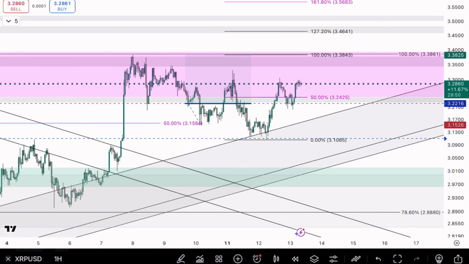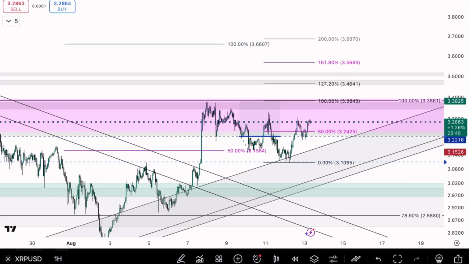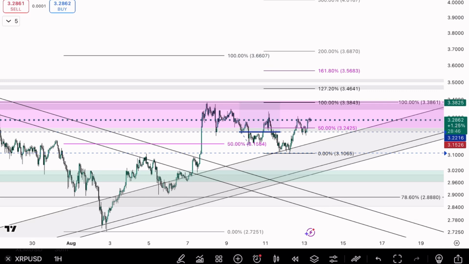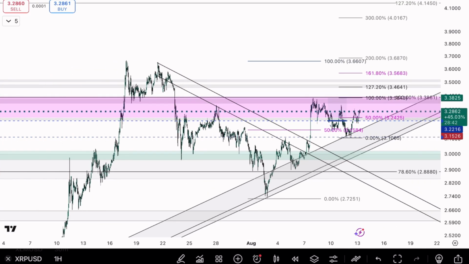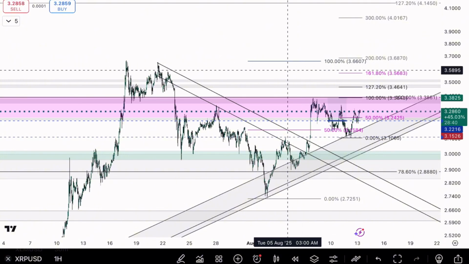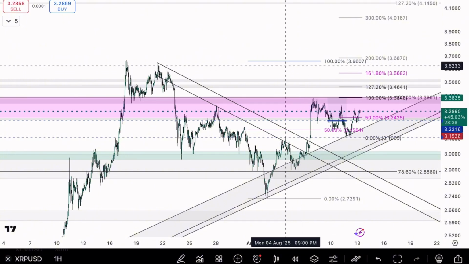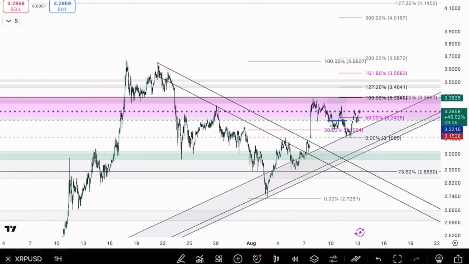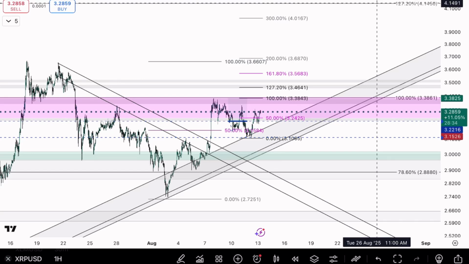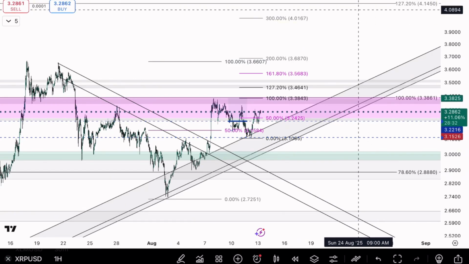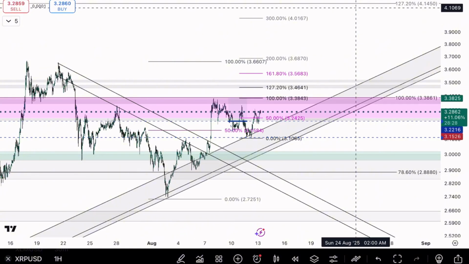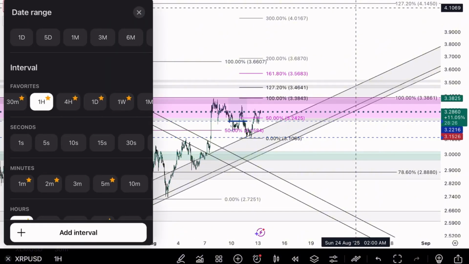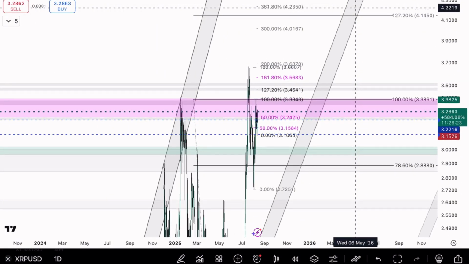All right, so if it were to come out, all-time high is around 3.66. So next level would be around 4.14.